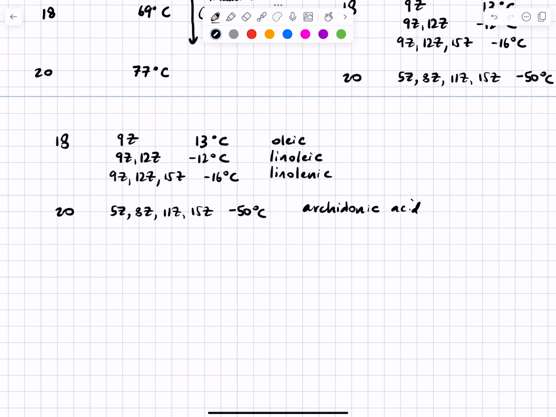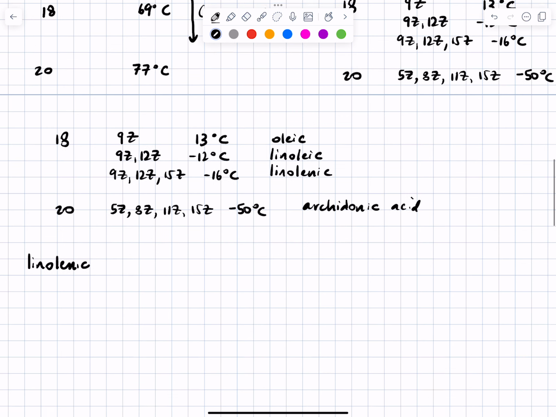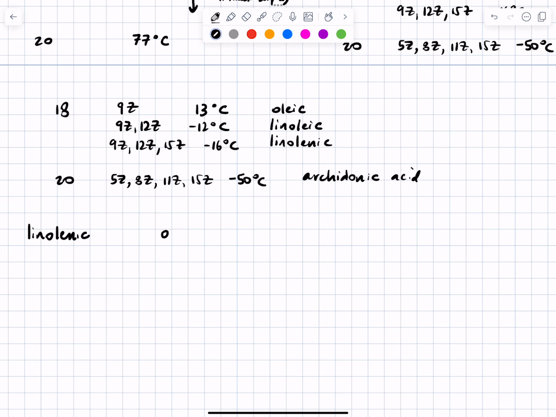I'm just going to draw for you real briefly the linolenic fatty acid, and we'll talk about its structure. So here's the carboxylate. Here's the carbonyl carbon, the alpha carbon. We're going to count 1, 2, 3, 4, 5, 6, 7, 8, 9. And at carbon 9, we're going to have a double bond between carbons 9 and 10, and its configuration is going to be Z. So that's 9, 10, 11.